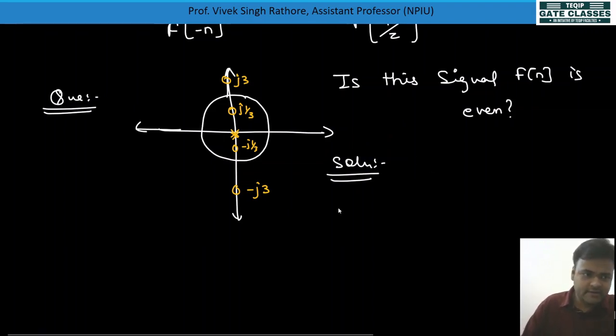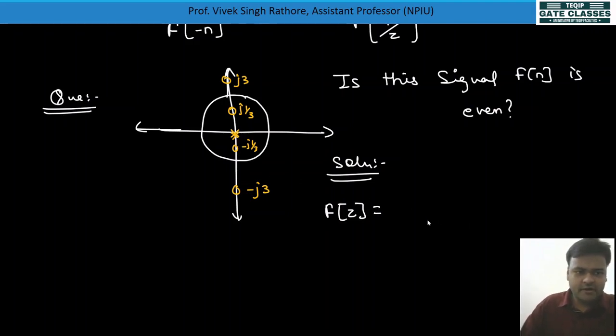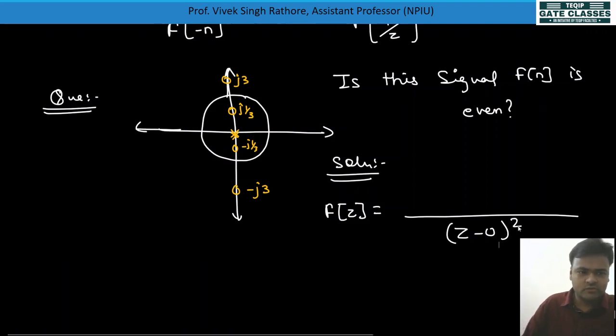So we can write this equation as f of z equal to, see, poles are written in the denominator and zeros in the numerator. Poles are at 0, so z minus 0, and how many are there? 2, so a square will be written.